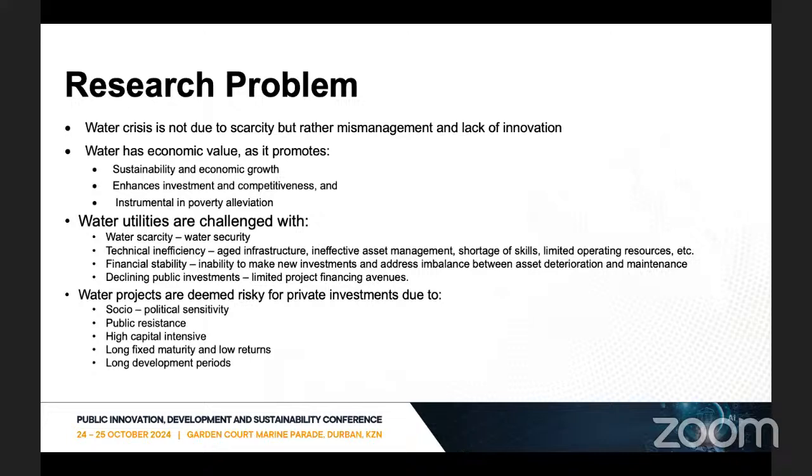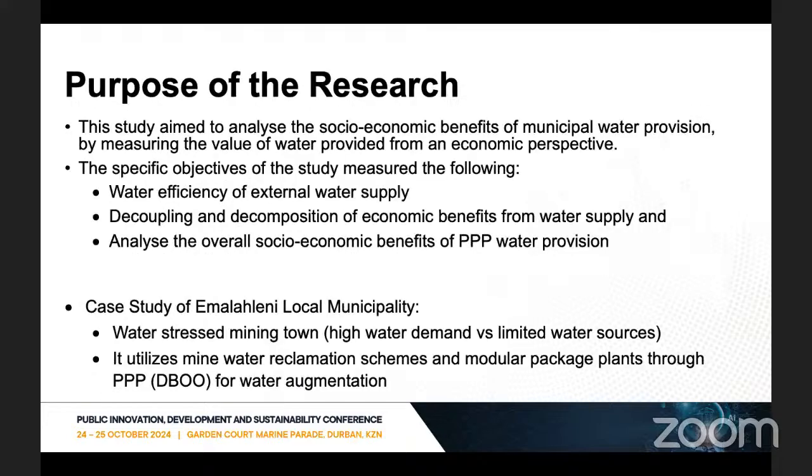So there's long fixed maturity and low returns, which affects the appetite of the investors towards water infrastructure. And there are long development periods depending on how the budgets are allocated, which also have adverse effects on the fruitful effects of the initiatives. So in a nutshell, those are some of the problems.